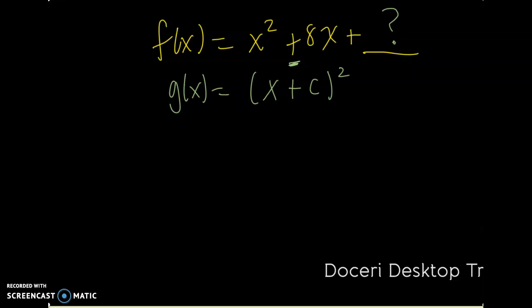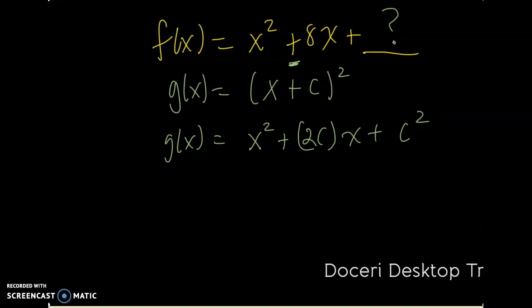So what's the c value? Well, if we go back and expand this, remember, we get this. Well, it turns out that this c value that we're looking for is the coefficient of the x, right? Which in this case is 8.